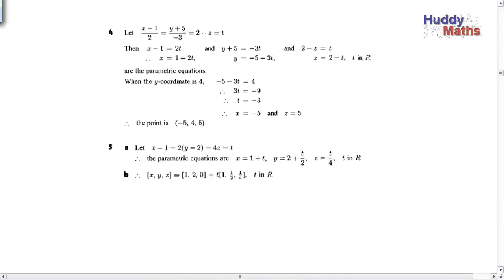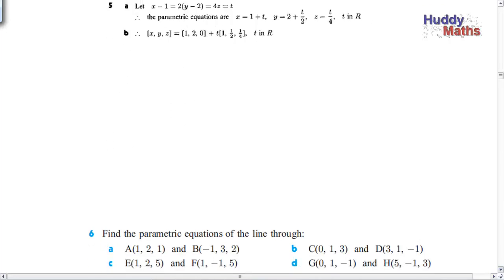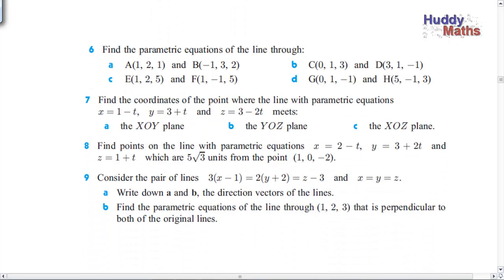Okay, let's go on. We've got a few exciting pieces to do now that we've established the idea of those equations. So here, find the coordinates of the point where the line with these parametric equations meets the x, o, y plane and so on. You have to be a little bit tricky here.